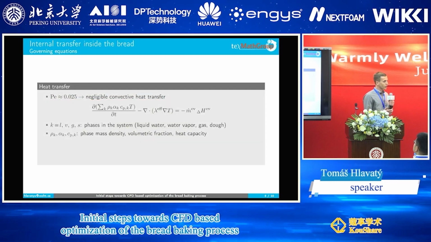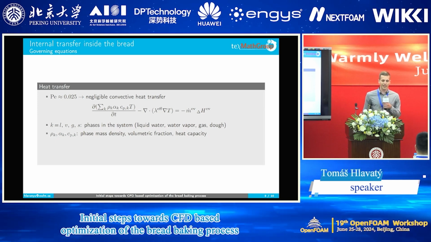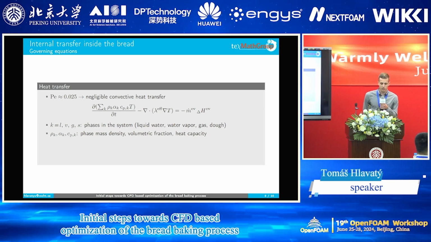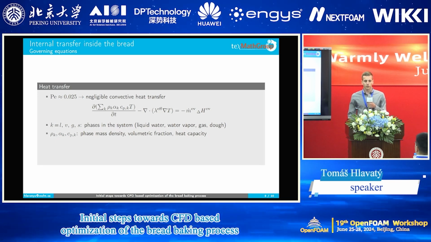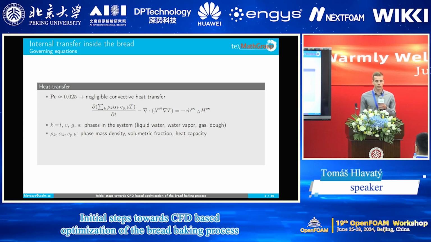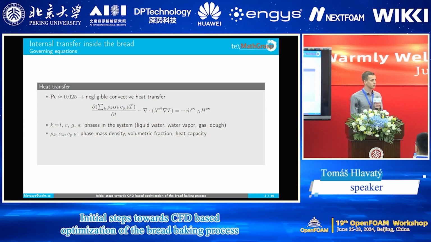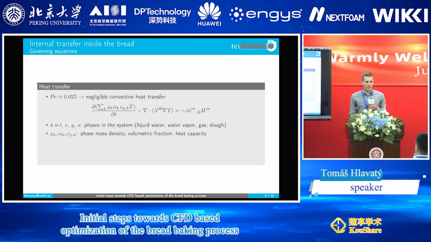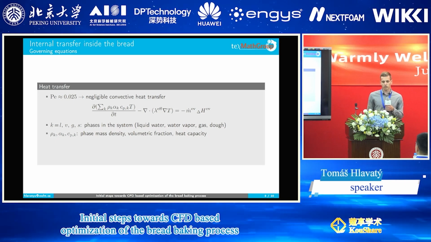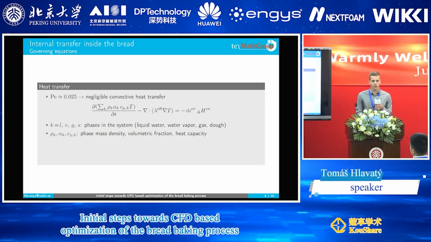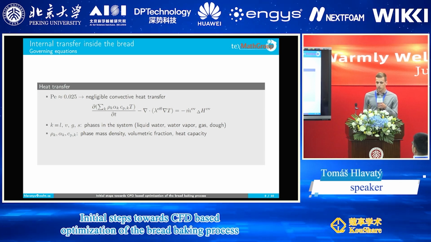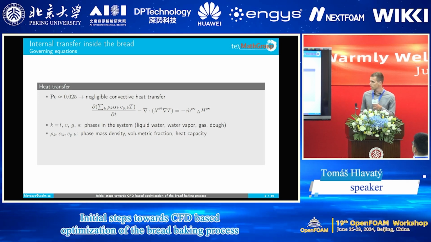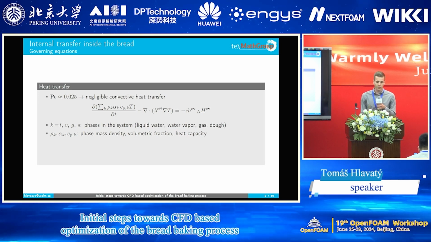So to have a look at the governing equations of the developed simplified model of the internal transfer, first from our literature study, we found out that the Peclet number inside bread is relatively small. That means we can neglect convective heat transfer inside bread, so the heat or enthalpy balance can look like this, where k are individual phases in the system.